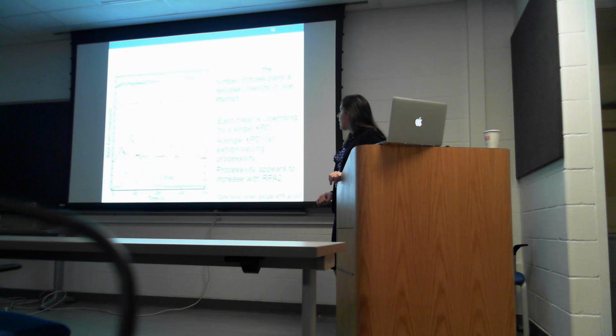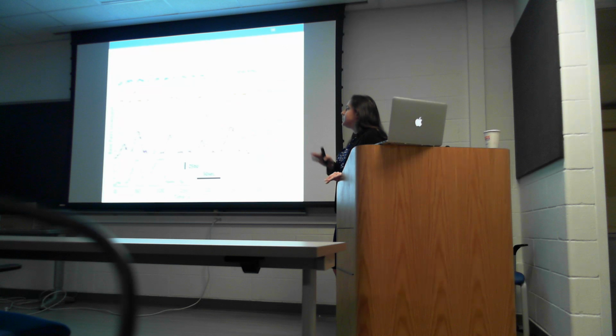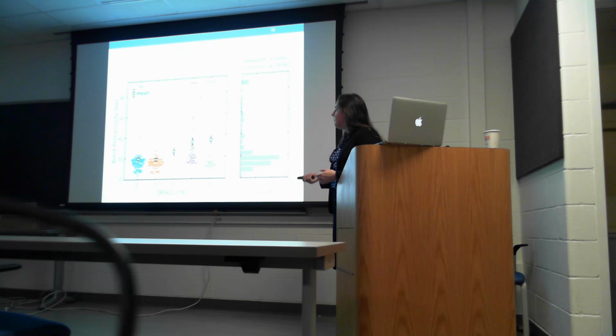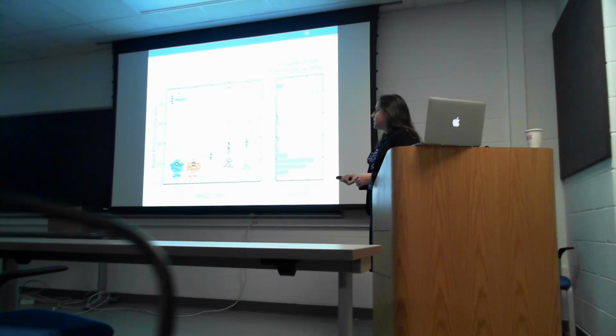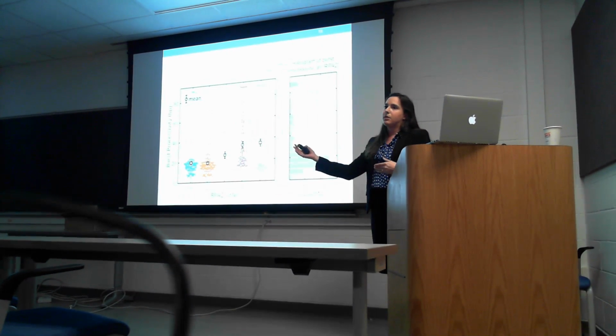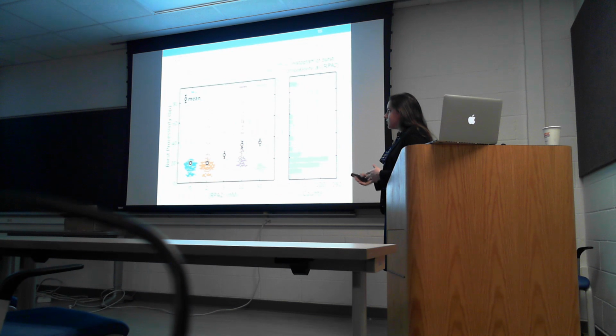So the overall processivity increases with RPA2. I divide these traces into independent unwinding bursts and analyze them as independent attempts at unwinding the entire hairpin. In this plot, each point is one burst and its processivity, the maximum number of base pairs XPD unwound during that burst.